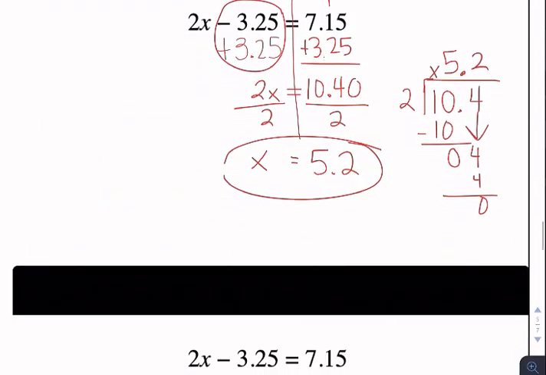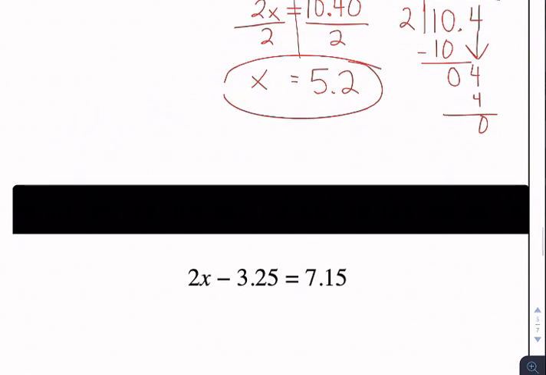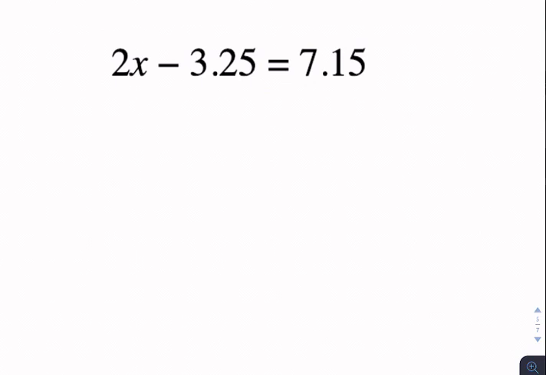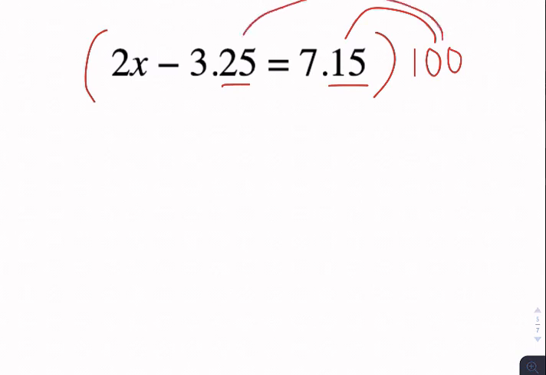Now, if I was not liking the decimals there, I can get rid of them. So like I said before, these all go into the hundredths place. So to get rid of them, I have to multiply everything by 100. So 100 times 7 and 15/100, 100 times 3 and 25/100, 100 times 2x.